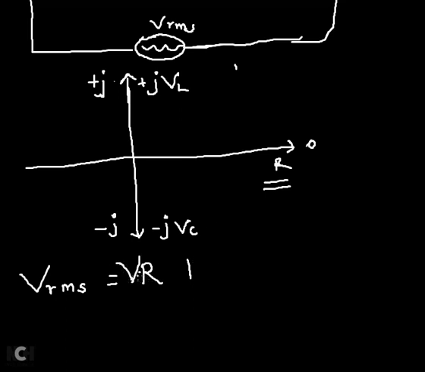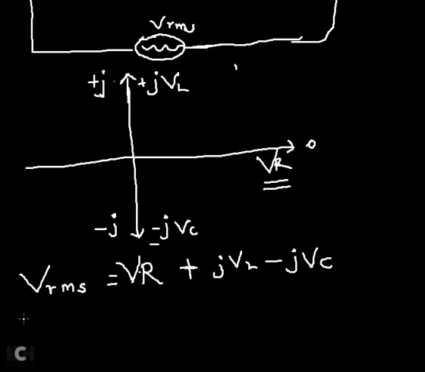So VR, the voltage of the resistor, then plus the voltage of both the inductor and that of the capacitor. They are opposite. So that's going to be J bracket open VL minus VC. Of course, you know how I got that. Let's do that again. You add plus J VL, and of course minus J VC.